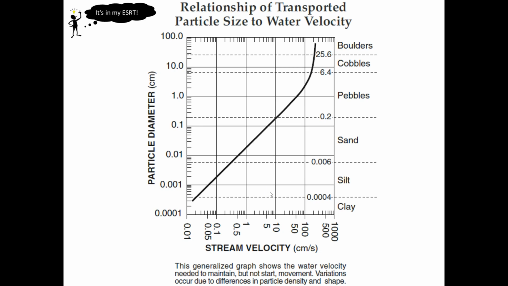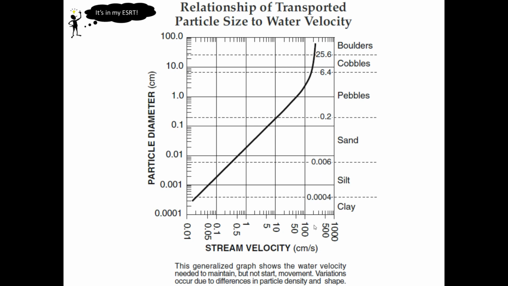So a slow moving river will carry clay, no problem, and silt. But in order to carry larger stuff like pebbles and cobbles and boulders and move those along, it needs to be traveling at a faster velocity. Higher velocity over here on the right-hand side means transporting more stuff. Now, let's go with an example question.